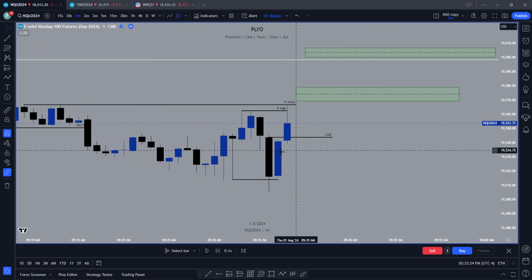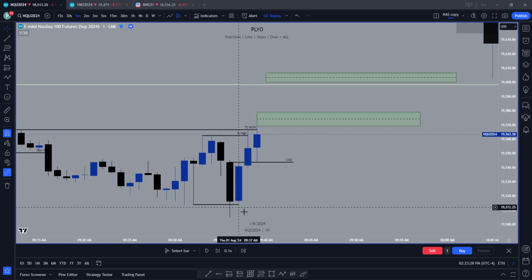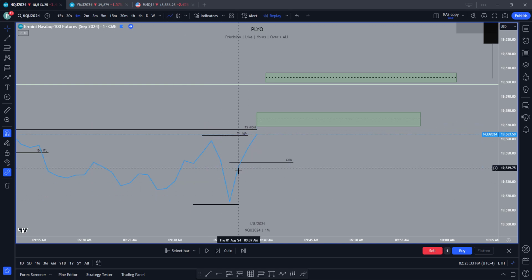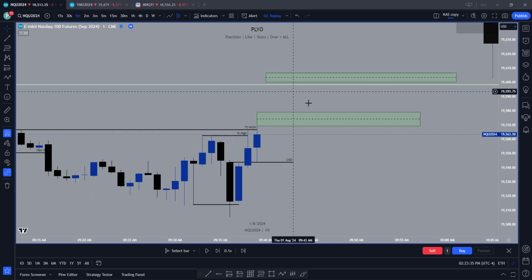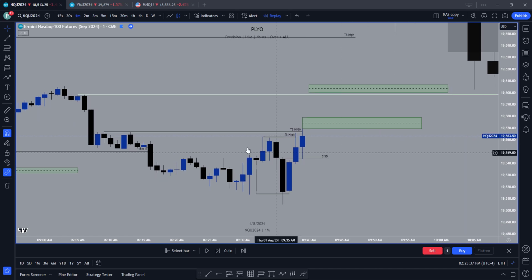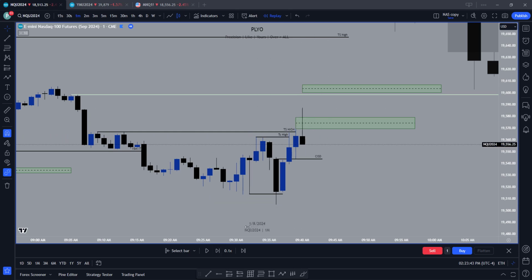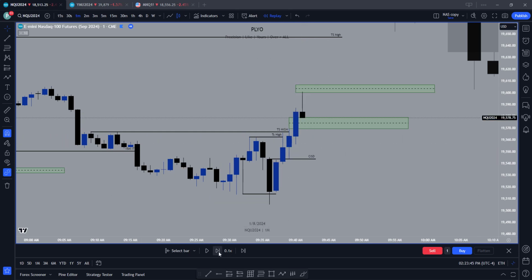Like I said, you don't have to notice the manipulation leg in time, because I know this is pretty hard to catch in live time. But all you need to know is, okay, it looks like we have a manipulation leg to the upside. The framework should still play out just off that. And that's when you would expect this to be inversed. Or you could take a 2022 model. But in this case, if you miss the CISD, the second best trade would be just to take the inverse once we inverse the last gap in the leg.